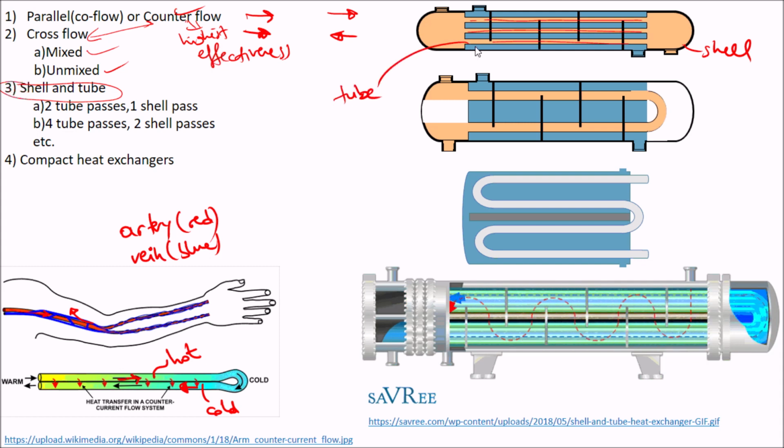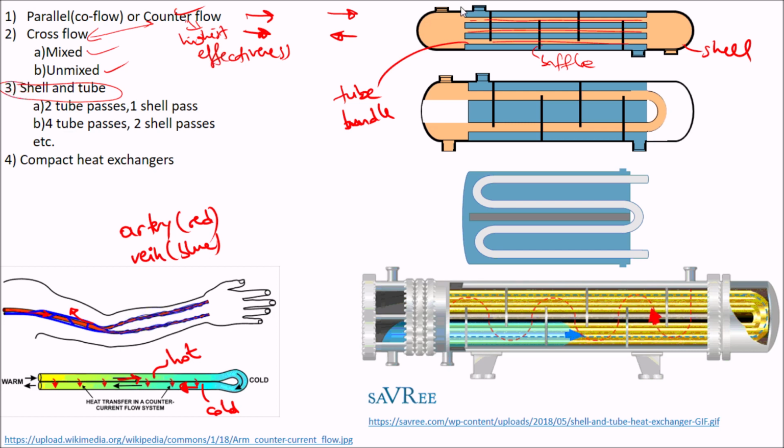These tubes together, so we have three tubes here, are called the tube bundle. So the tube bundle means all these tubes together, and the shell is around it, and here we have the baffle.